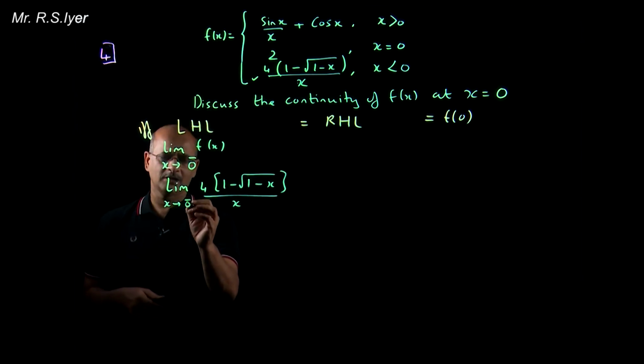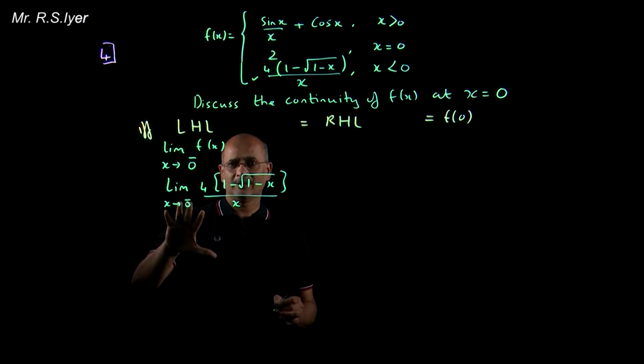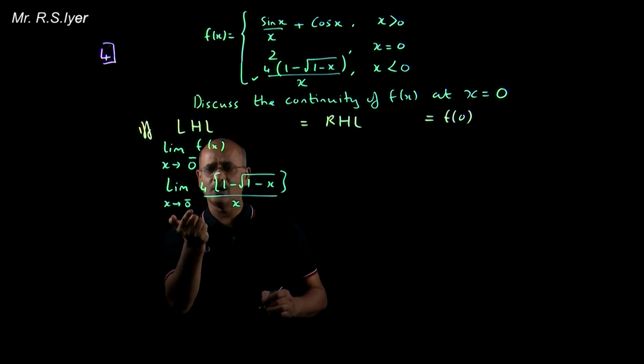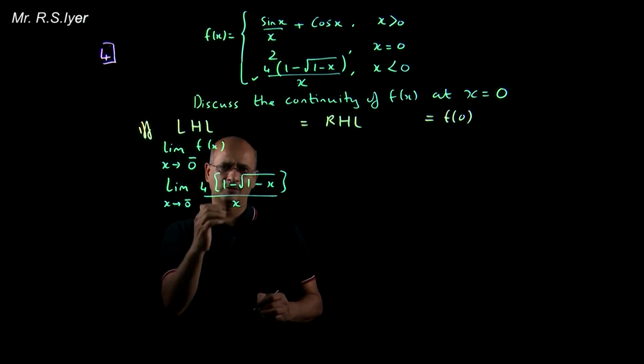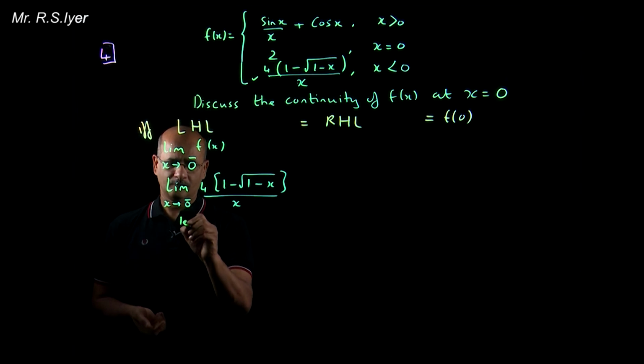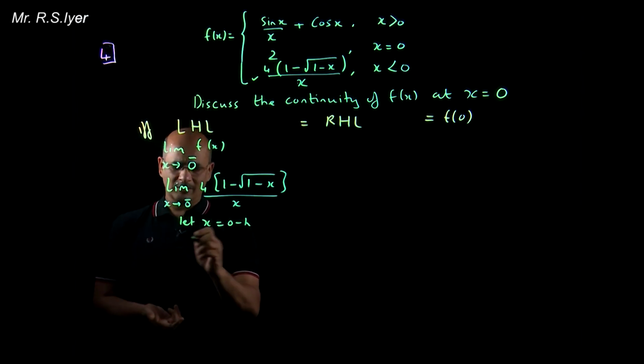I am evaluating it. I want you to focus on the board. At 0 bar I can't take the limit directly because it is left of 0, so all values are left of 0, in the vicinity of 0. So what I will do is let x be equal to 0 minus h. What will happen finally?